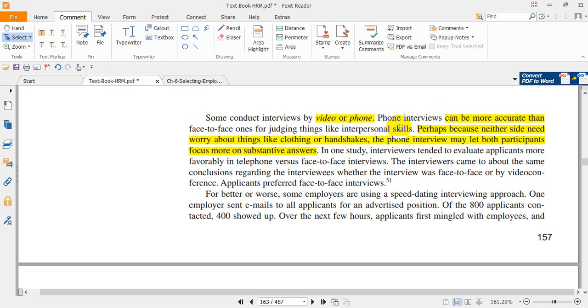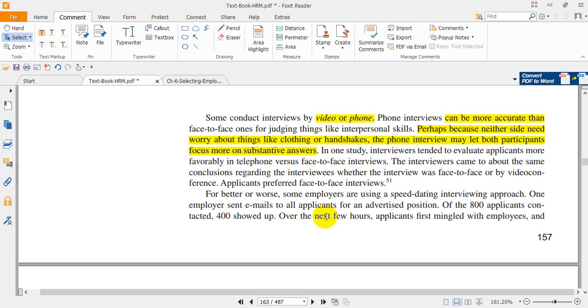Why video or phone can be more accurate than face-to-face? Because neither side need worry about things like clothing or handshakes. The phone interview may let both participants focus more on substantive answers.